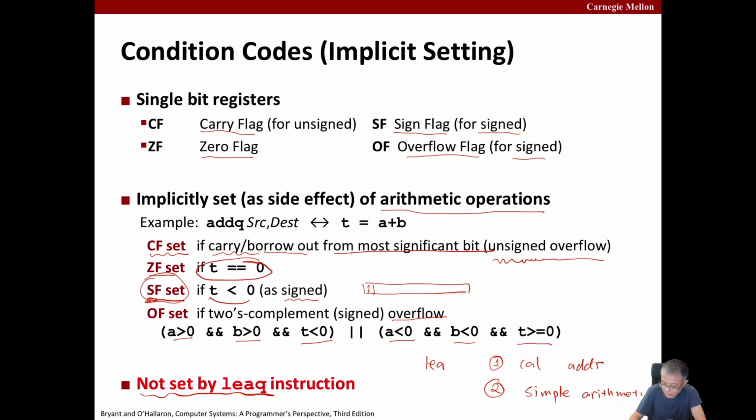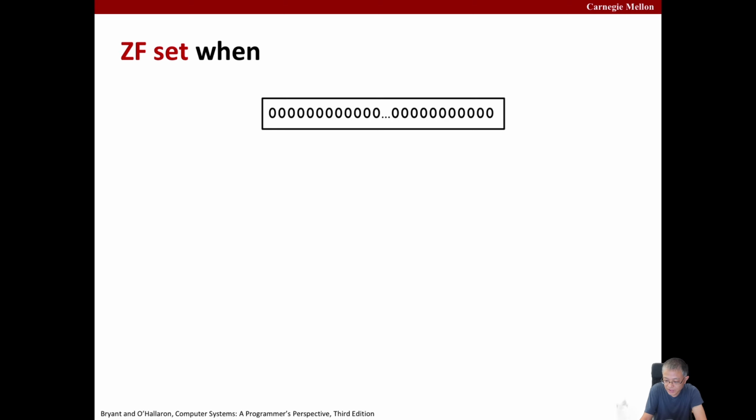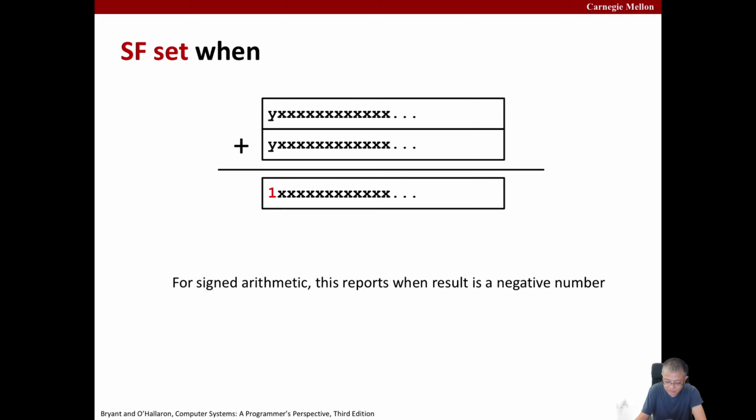Here is the condition for each individual flag. ZF is set if the result T is 0. For SF, if the highest bit is 1, it means this is a negative number, because numbers are represented in two's complement inside the processor.